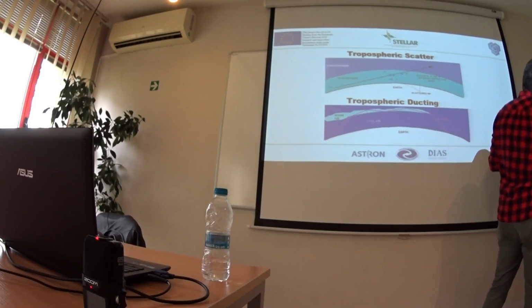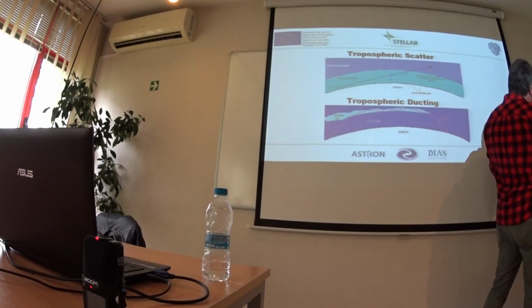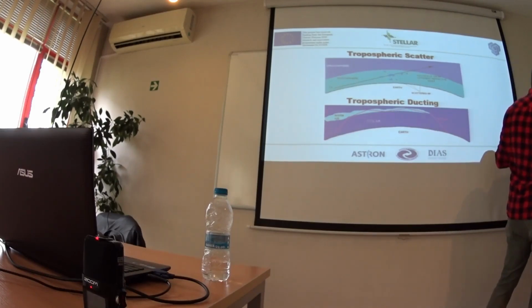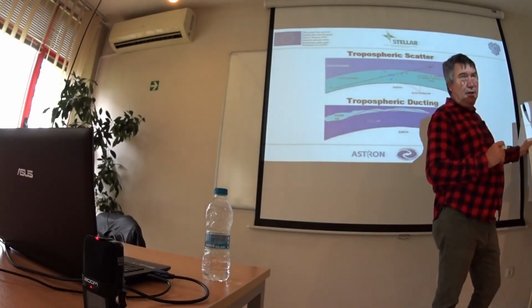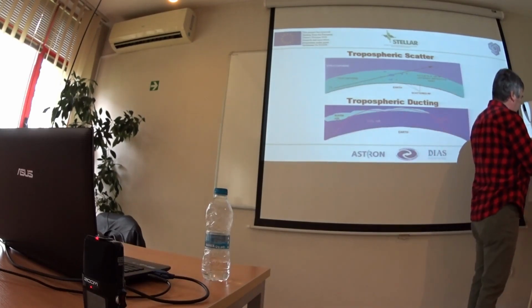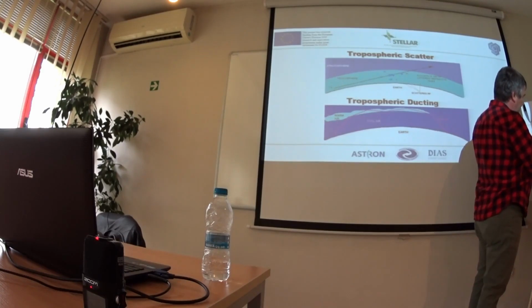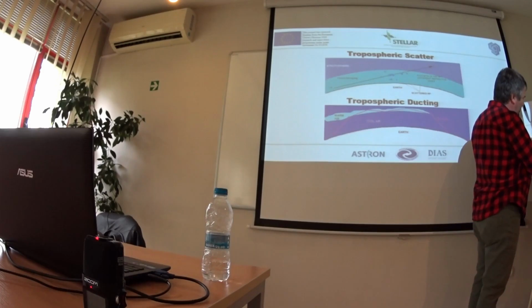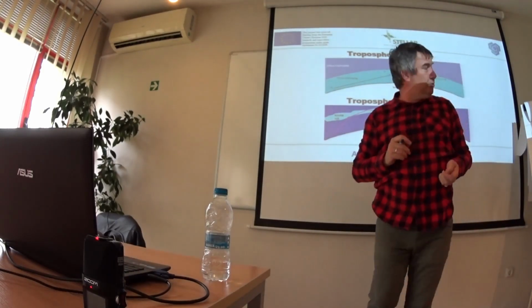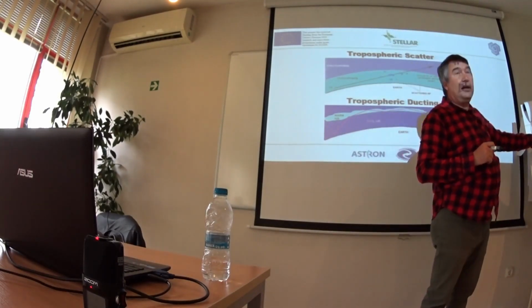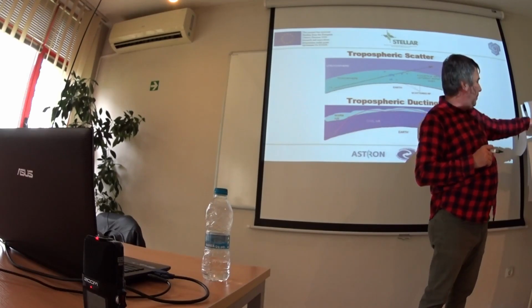Therefore, if this is the sea level, the sea surface, we have one layer here with very high humidity, where the dielectric constant is bigger. If here is epsilon r0, and here is epsilon r, this one is big enough compared to that one.